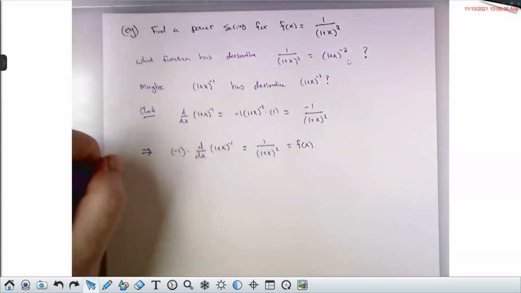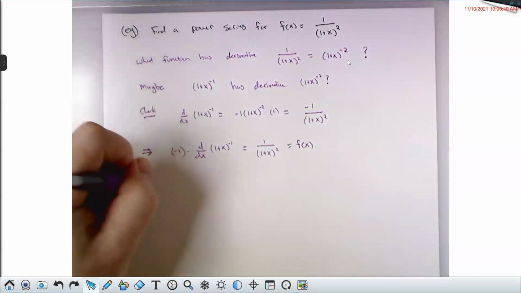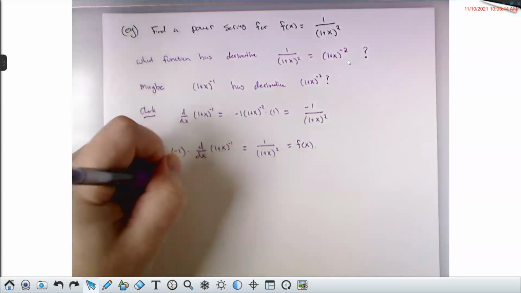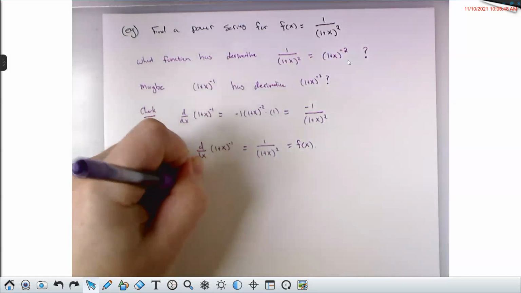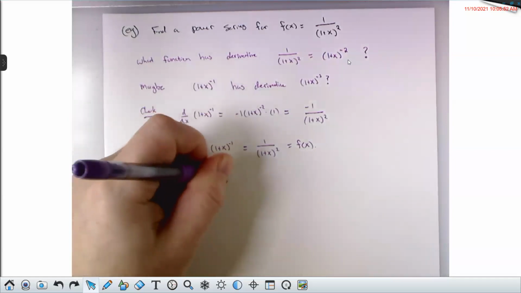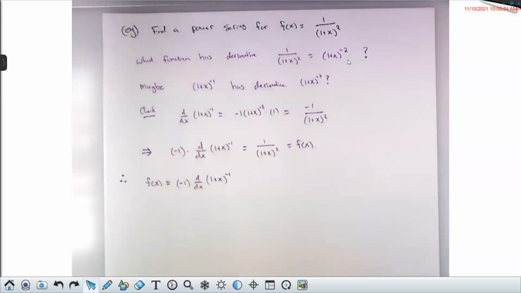So here's what I've discovered. My function, f of x, the thing I want a power series for, is equal to negative 1 times d/dx of (1 + x)^(-1). I'll tell you that this kind of thinking is somewhat similar to the kind of thinking you will use in differential equations, so think of this as training for the next course.